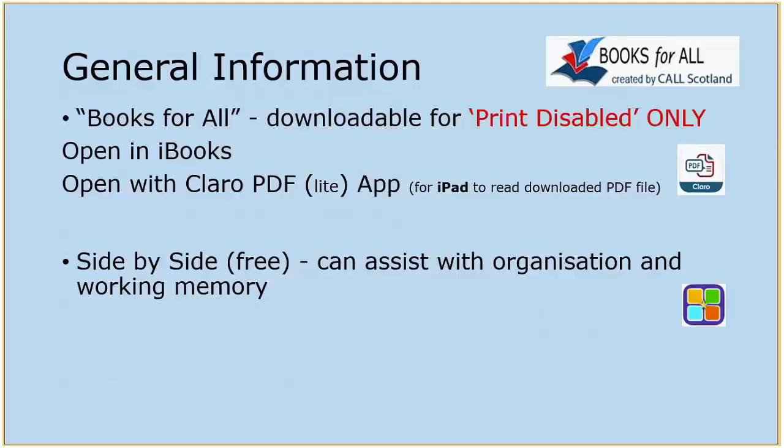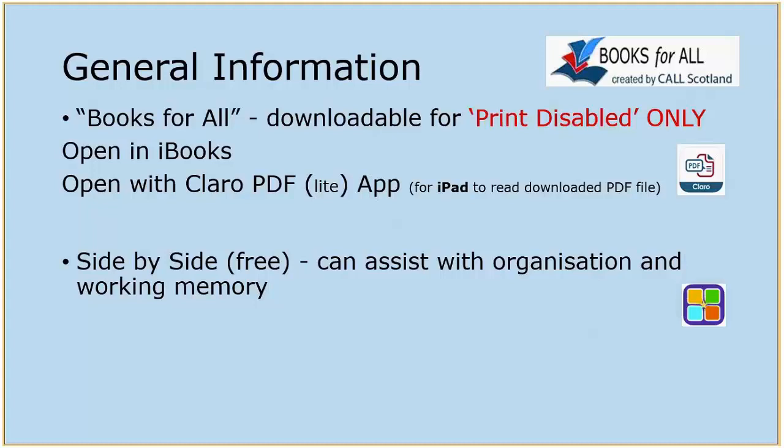If an iPad is used by one person and that one person is print disabled, i.e. cannot access the printed copy of a book due to an additional support need, for example physical difficulty, visual impairment, dyslexia, then Books for All is a site which contains thousands of digitised books in PDF format.